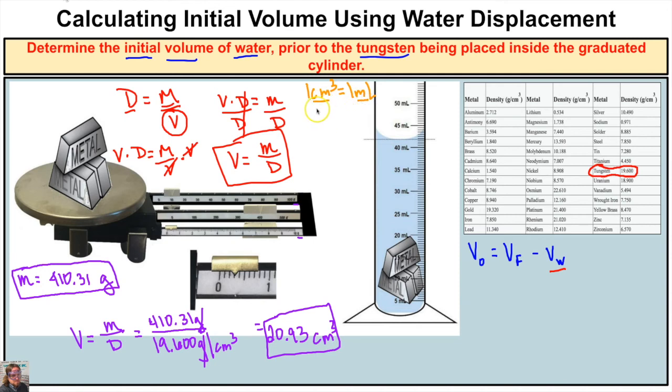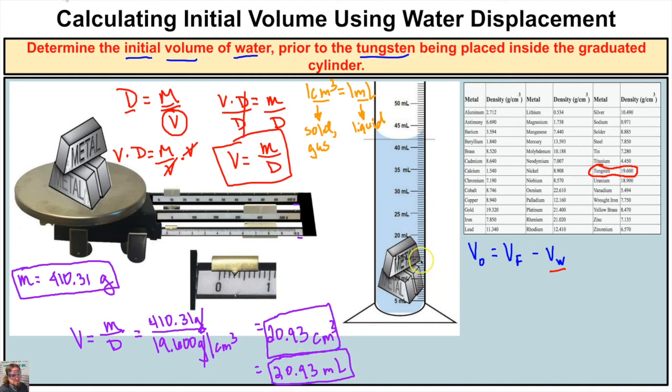We typically will use centimeters cubed though for solid objects and gases sometimes, and we'll use milliliters when we're referring to a liquid. But understand that a centimeter cubed is the same thing as a milliliter. So we can say that this is the same thing as 20.93 milliliters as the volume of our tungsten right here.